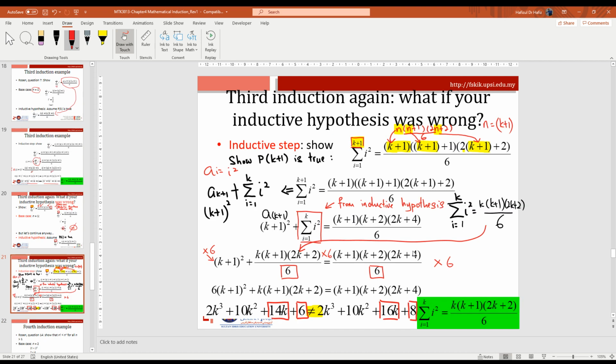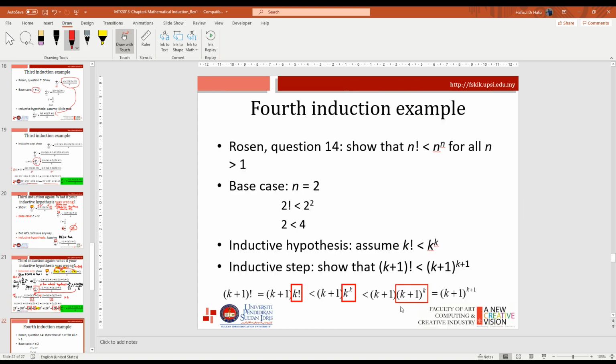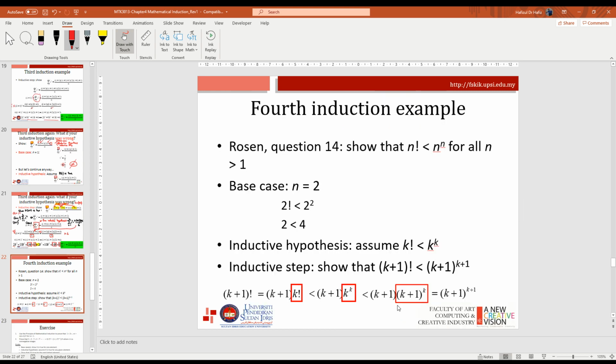And then plus 6. We can say this one is not the same. When we replace this one 14k, this one 16k, it's not the same. For the induction example, question 1: show that n factorial is less than n power n for all n greater than 1.